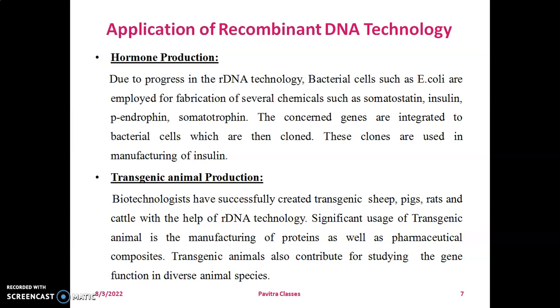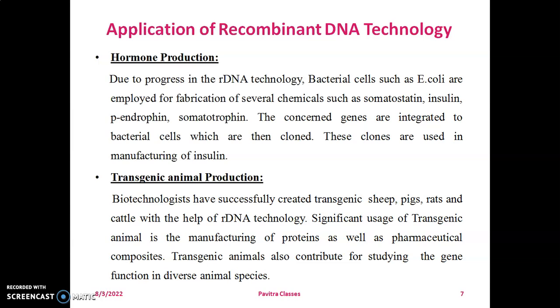The concerned genes are integrated into bacterial cells, which are cloned. These clones help in the manufacturing of insulin, somatostatin, beta-endorphin and somatotropin.